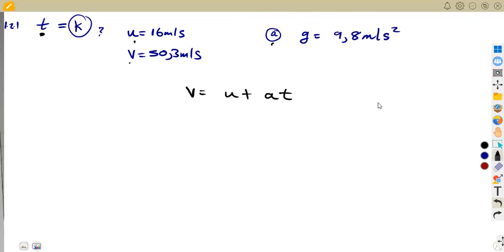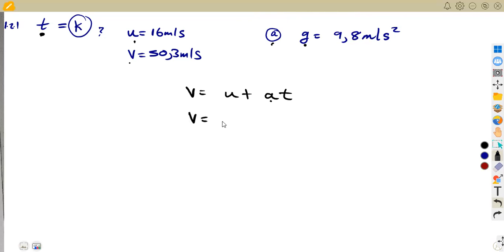That is the best formula that we can use. We can't use the formula of s is equal to ut and so on, because we do not have s in this case. So any formula that has got s, we cannot apply. So we are going to apply this formula, but like I said, a is representing what? Our gravitational acceleration. That is the condition there.